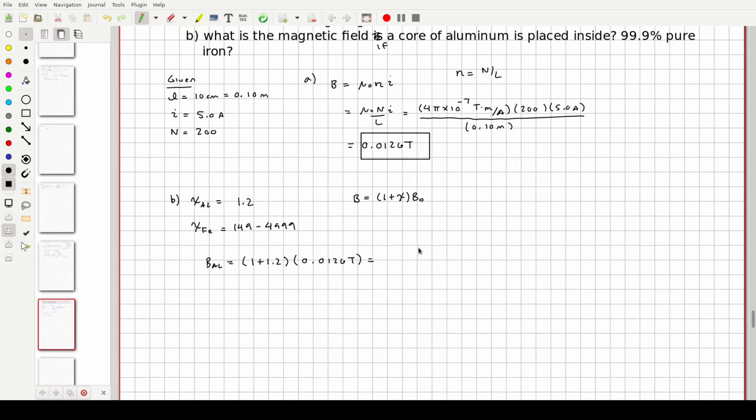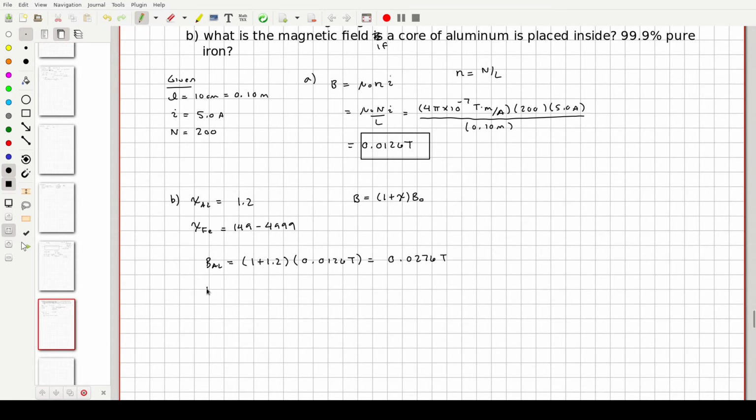All right, so if I multiply this by 2.2, I get 0.0276 Tesla. So this is for aluminum. Now remember, aluminum is diamagnetic.